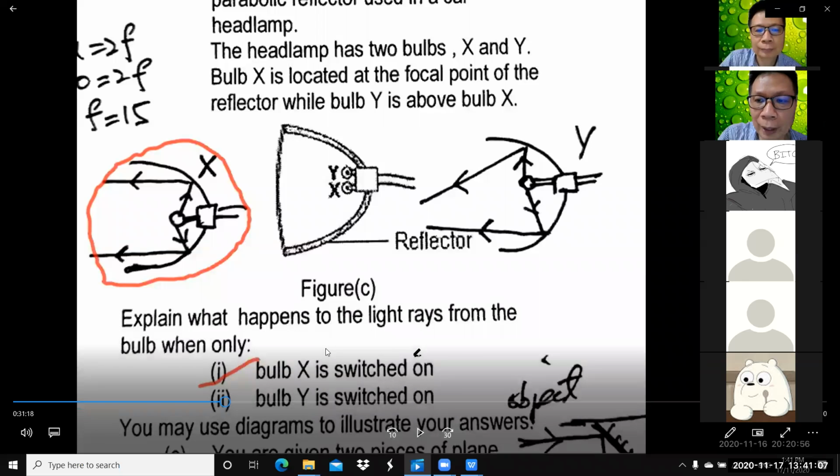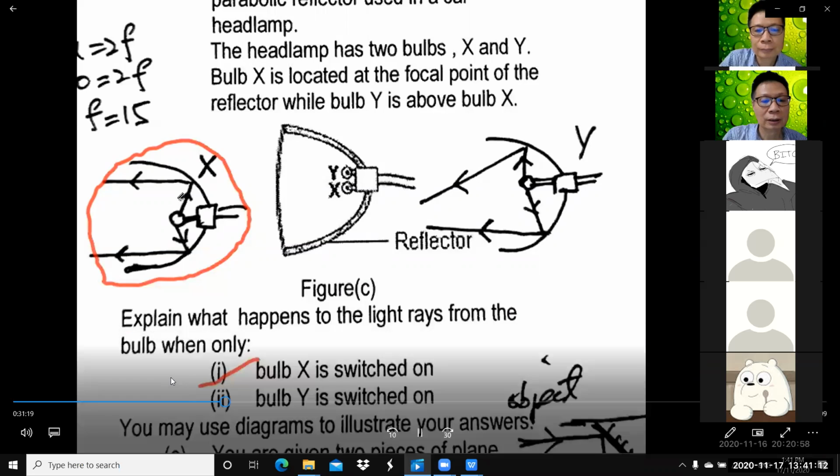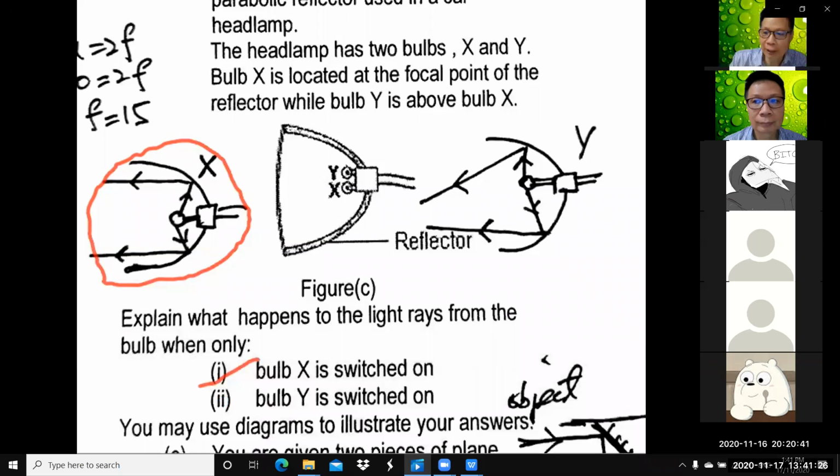Under the diagram, you write this answer. Everyone follow. Okay, finish the diagram, come, write the answer. The answer for part 1, you write like this: When bulb X is switched on, later I ask you to read out.